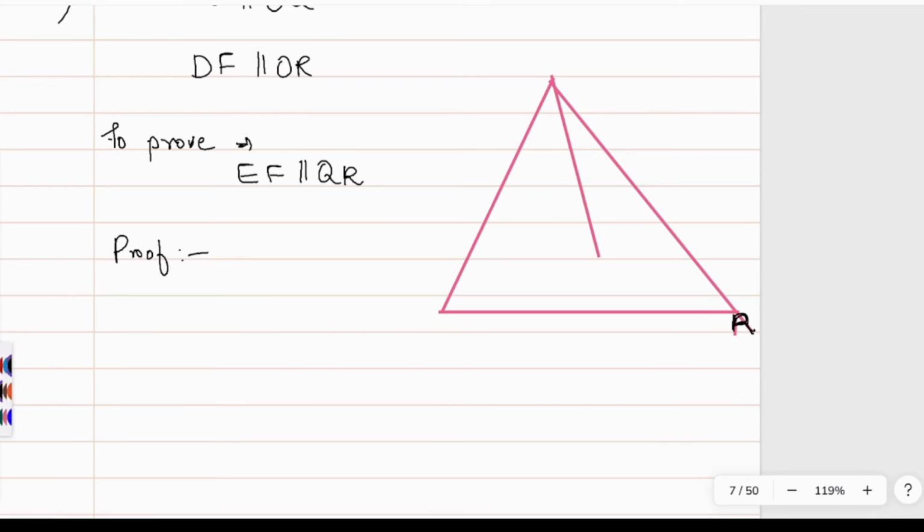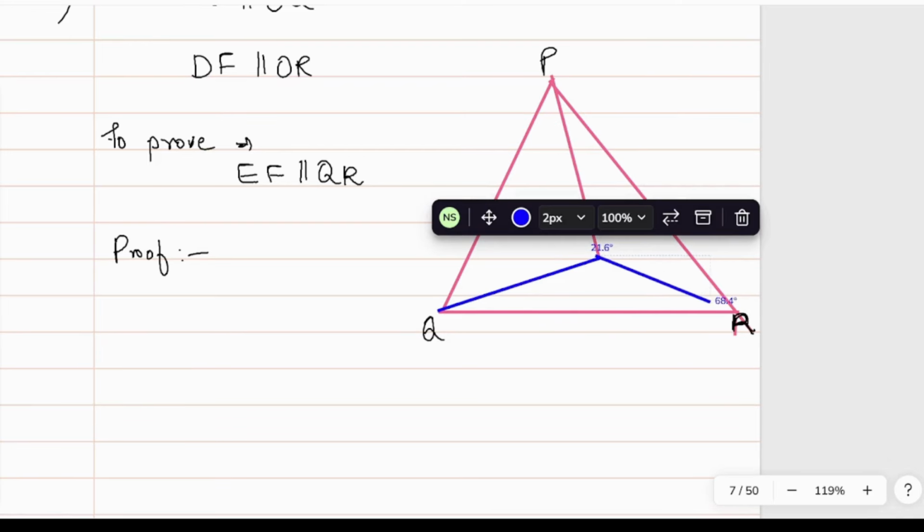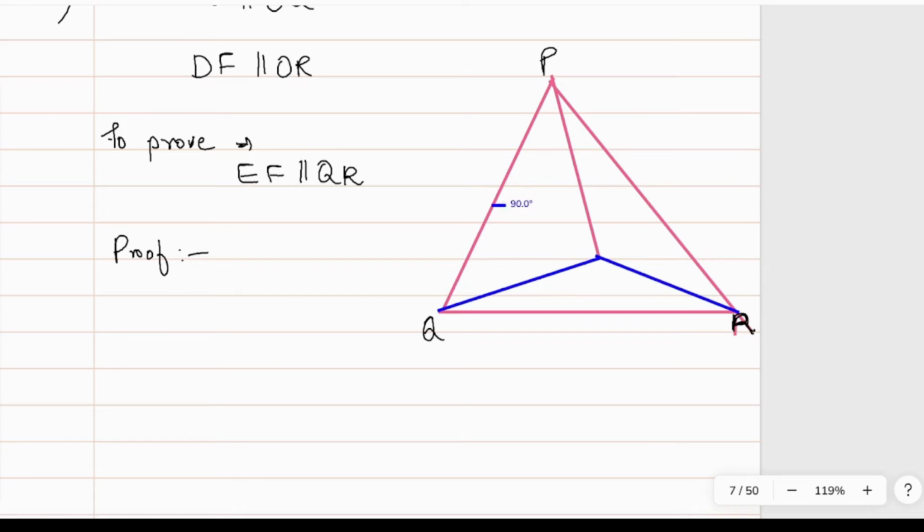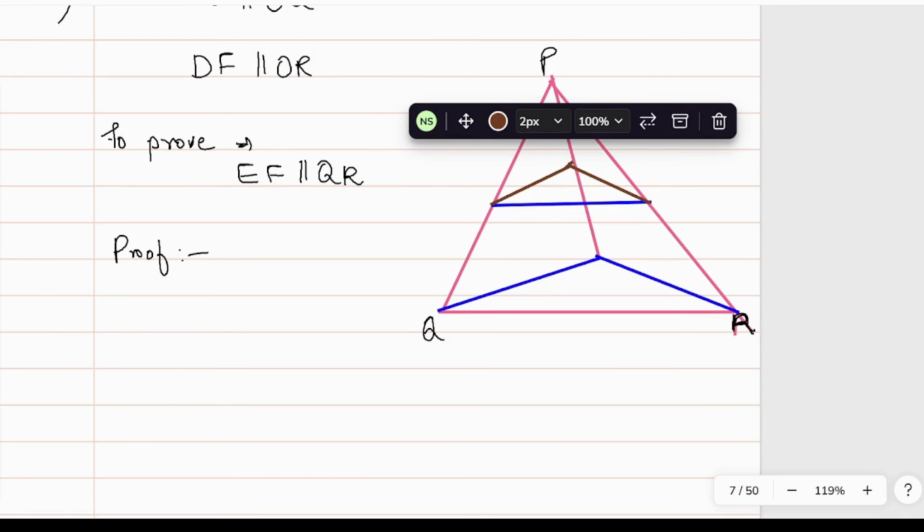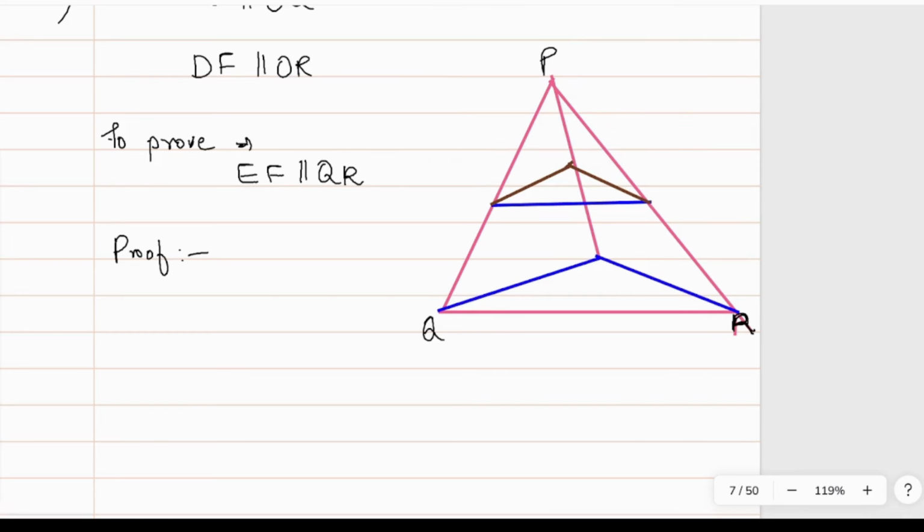This is P, Q, R, and similarly we are having another line here, and we can write there, P, here E, here it is D, and here F. This point is O.